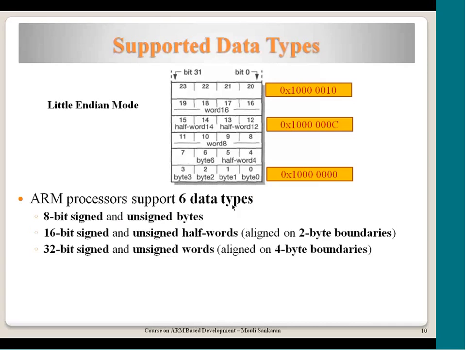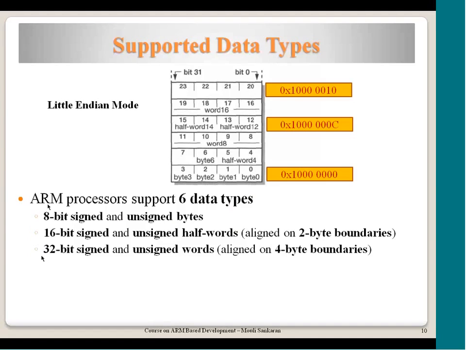Now let us see how different data types are supported by the processor. Basically it supports 6 data types, 2 each for 8-bit, 16-bit and 32-bit data. But if you remember, we said that ARM registers are all 32-bit, and any operation is done on the 32-bit registers. So where is the support for this in the ARM?